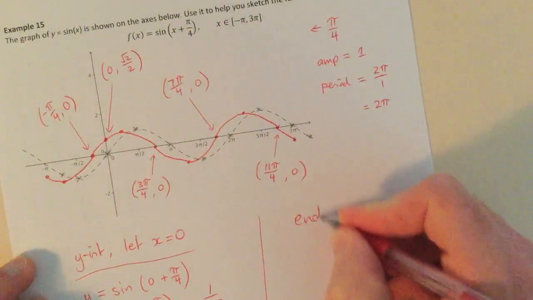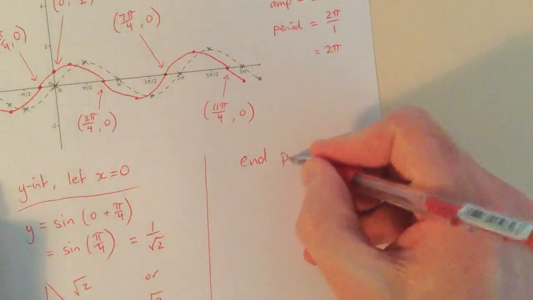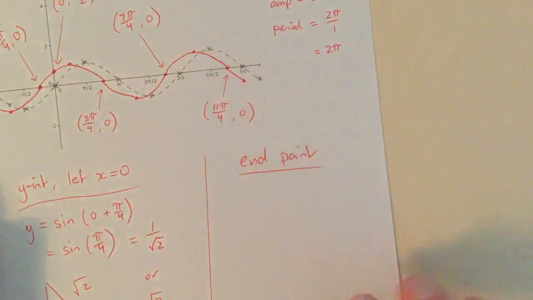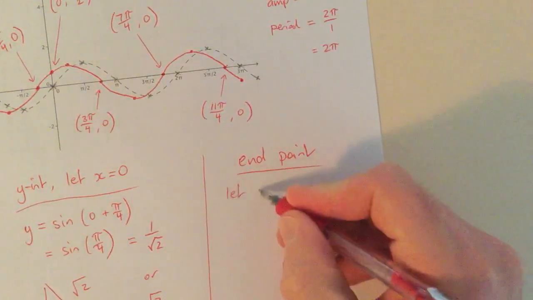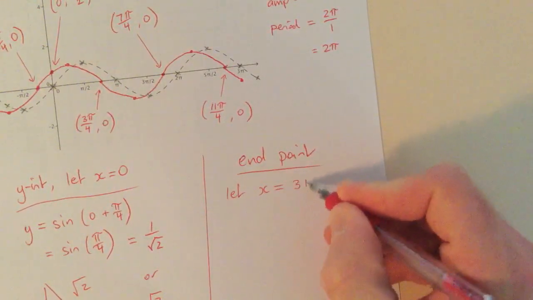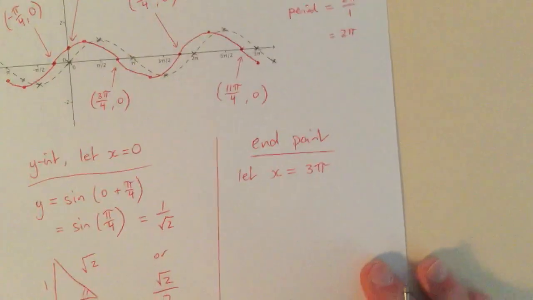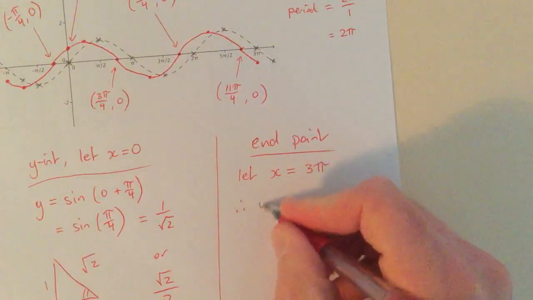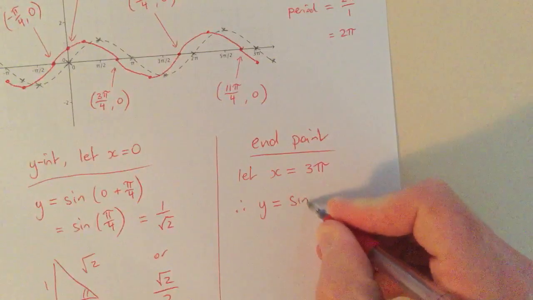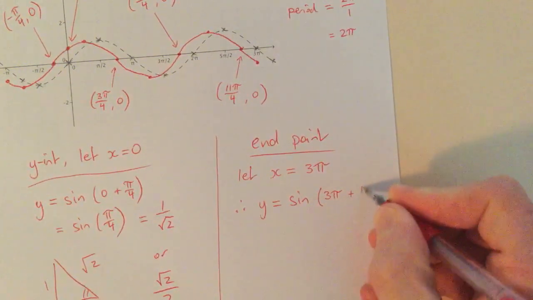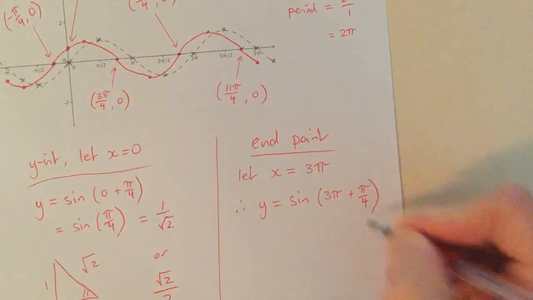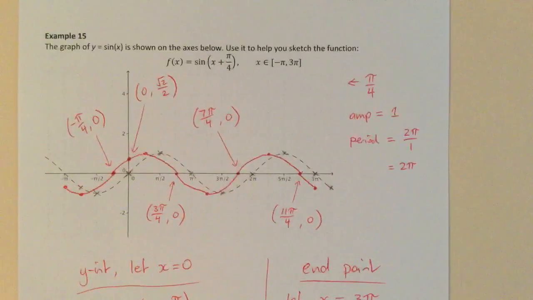So for the endpoint, let's just use the positive one, maybe slightly easier. We're going to let x equal 3 pi, and therefore y will equal sine of 3 pi plus pi on 4, because we're just substituting 3 pi in place of x.